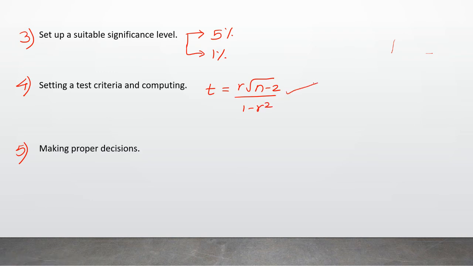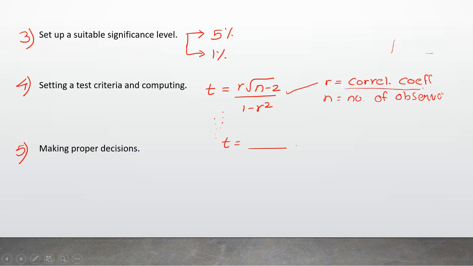I guess such a t value was defined, where r was the correlation coefficient and n was the number of observations. So if you remember, we had solved this, put the values, and found the value of t, and based on this value we had either accepted or rejected that the correlation coefficient is true for the entire population or not.